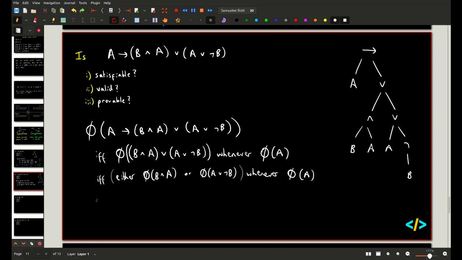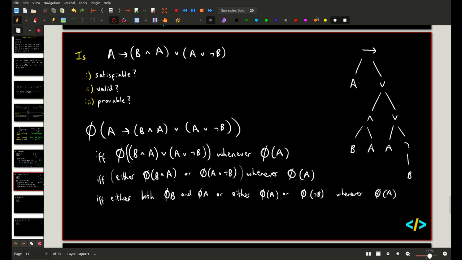If either both phi B and phi A, or, and this would be an or, either phi A or phi not B, whenever phi A. I'm just going to add some more brackets here just so we know exactly what's going on.